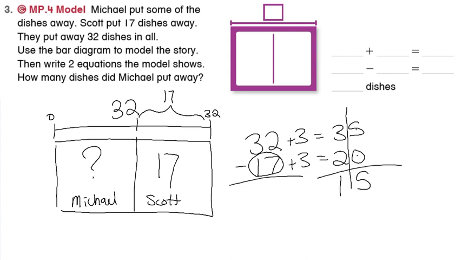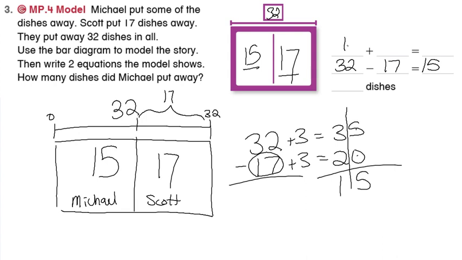So Michael put away 15 dishes. So our equations that we could use, 32 is a total, 15 is Michael, 17 is Scott. We can do what we did, which is 32 minus 17 equals 15. Or we could make an addition problem by saying 15 plus 17 equals 32. Either way works. But Michael did 15 dishes.